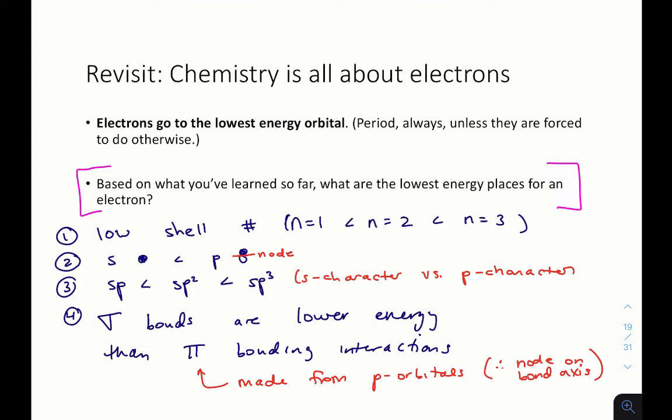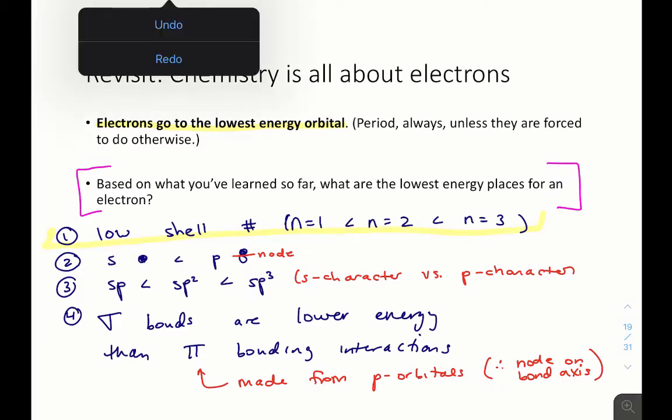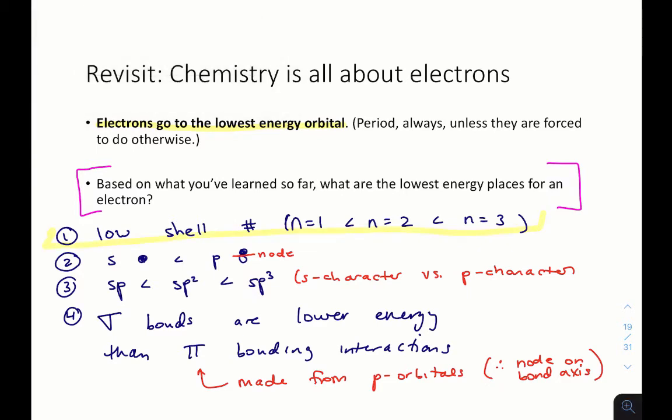We can add a few bullet points to our list. We've already learned that low shell number corresponds to lower energy. We know that for multi-electron systems, s orbitals are lower energy than p orbitals, which have a node on the nucleus.